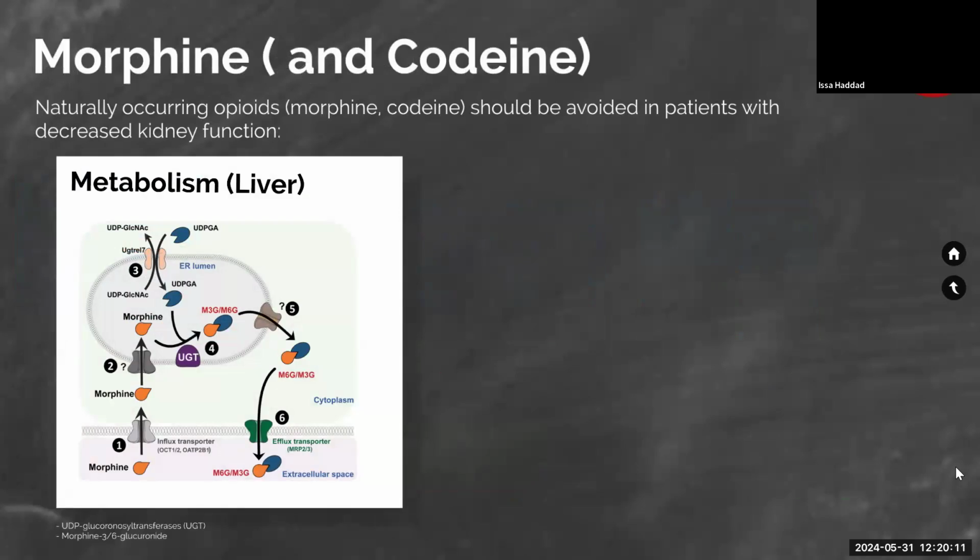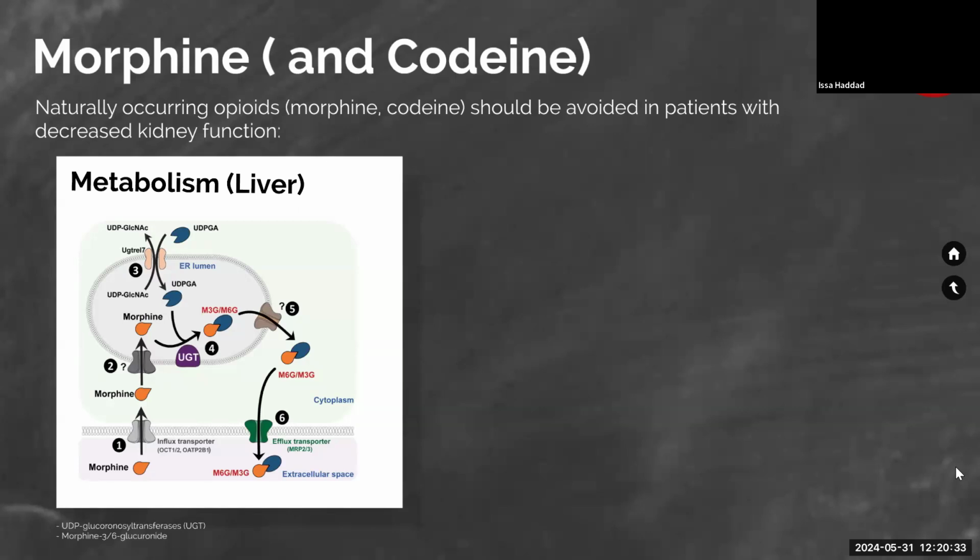So morphine and codeine, they are both similar actually. So I'm just going to talk about morphine because codeine will transform into morphine in the body, and it's going to follow the same metabolism pattern. Those natural opiates are usually avoided in patients. The reason why, as you can see, this is just a simplification of the metabolism.